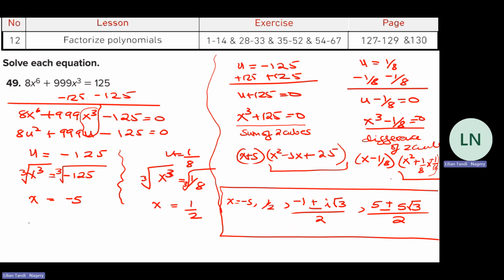I think there should be an i over here. Check if there's an i. There should be an i over here in this part. Okay? I think. Just confirm if my calculation is correct. Okay? So that's how you solve that.